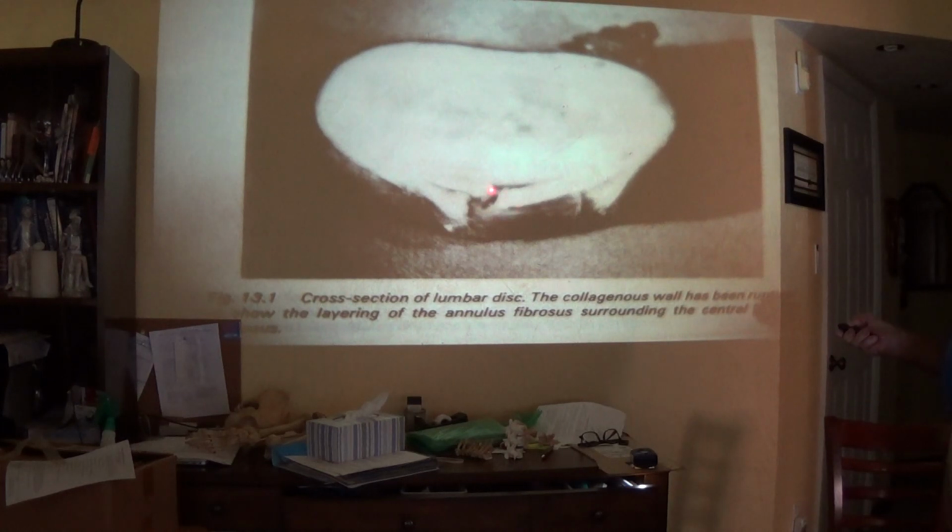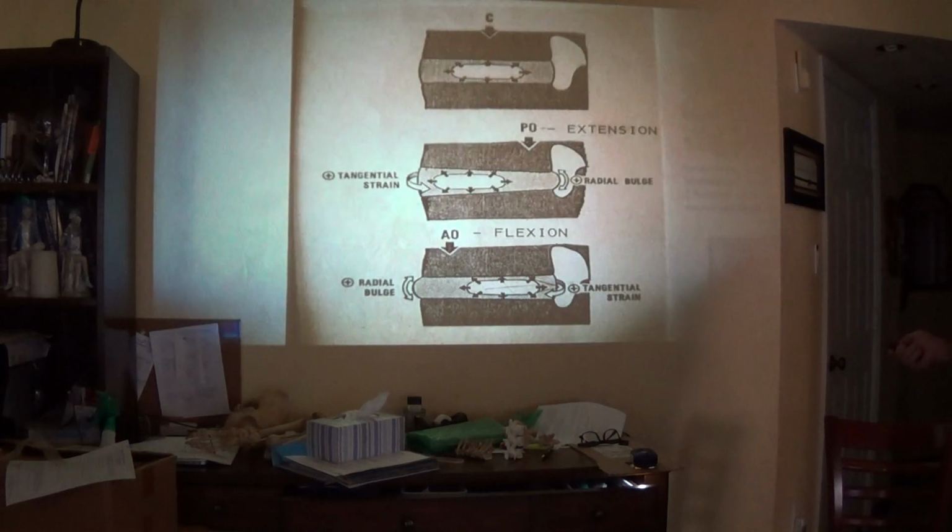When you have so much tangential strain coming out here, stretching these fibers this way and this way, because it's bulging this way, then these tend to break loose from each other and then break loose themselves, causing these radial fissures for this material to come on out into the nerve root area.